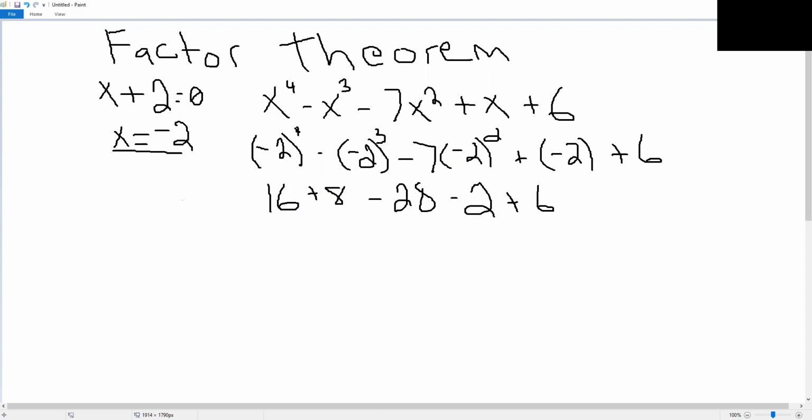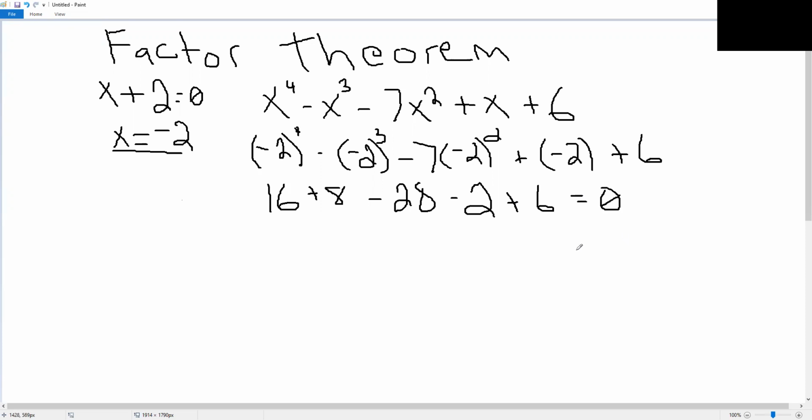If you add this up, 16 plus 8, well, let's get the calculator. I don't know if you guys can see my calculator. 16 plus 8 is 24. Minus 28 is -4. Minus 2 is -6. Plus 6 is 0. So this equals 0.